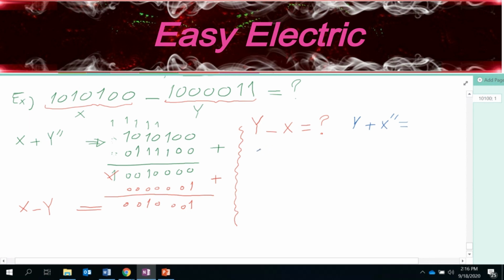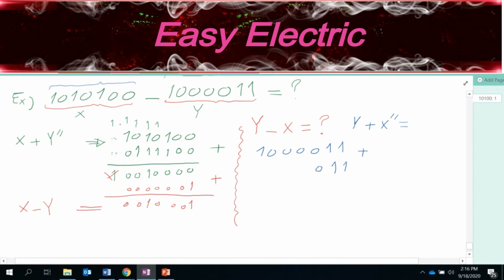x. So the y is 1 0 0 0 4 0 4 0 2 1. Plus this time you need to calculate the r complement of the number x. Do you see what the r complement of that is? I explained that you just need to change 0 to 1, 1 to 0. So you have 2 0, which is changed to 1. This is 1, should be 0.